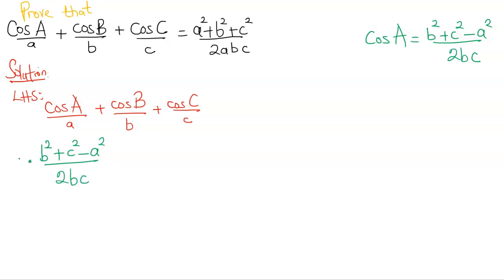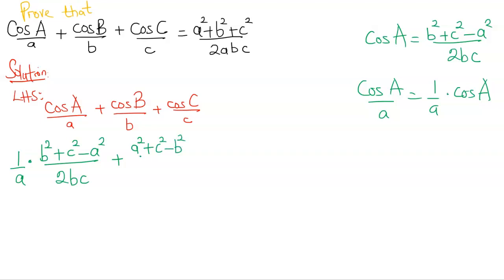Of course, this is going to be multiplied by 1 over a, because cos A over a can be written as 1 over a times cos A. Similarly, cos B is a squared plus c squared minus b squared over 2ac, and I've got a division by b, that's 1 over b right here. And also, this is 1 over c. Then cos C is a squared plus b squared minus c squared over 2ab.